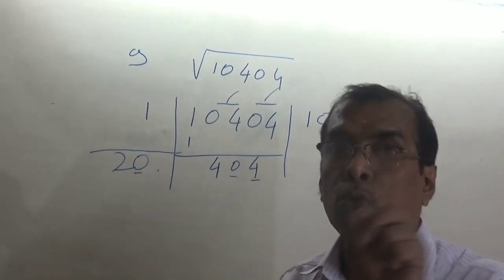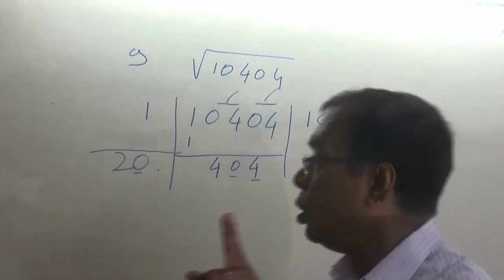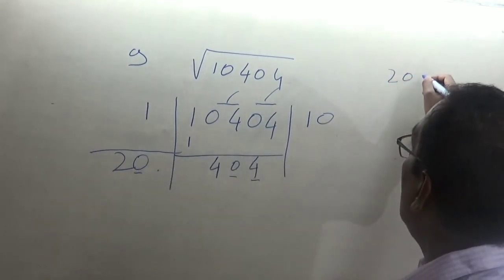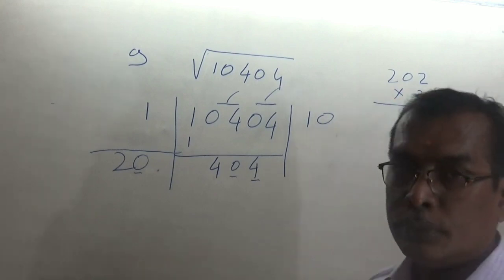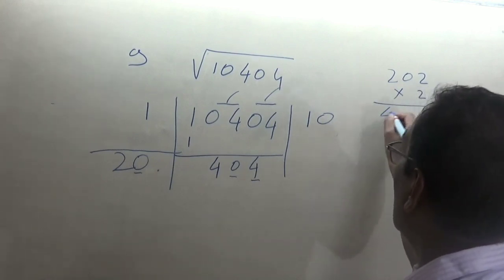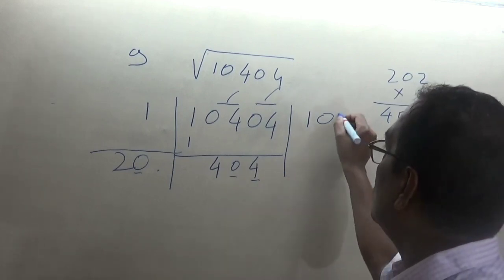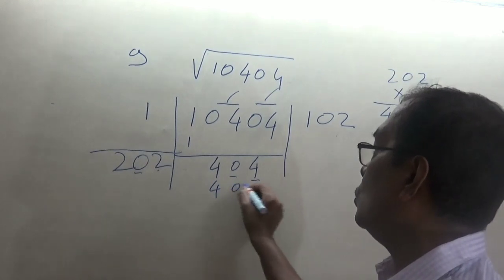2 twos are 4. So take the test with 2. 20 is already there in the rough column, and with 2 you will have to take the test. After multiplication you find this number has come. So write here 2, write here 2, and then write here 404.